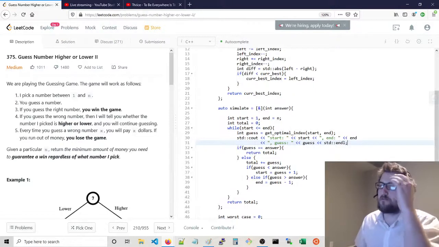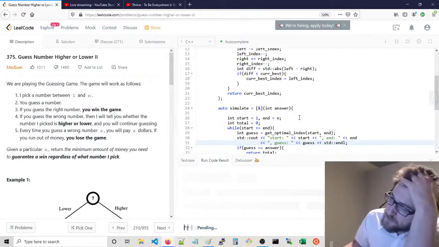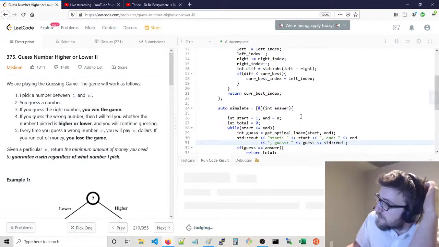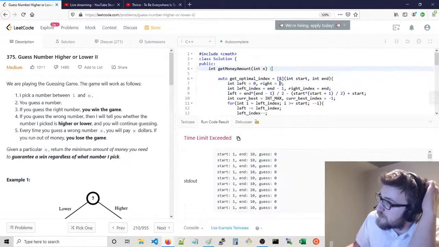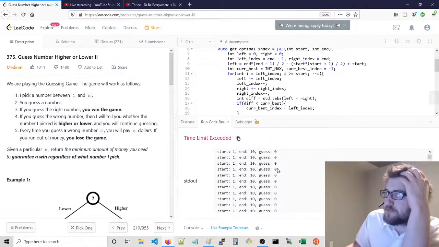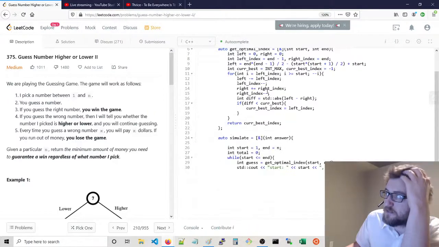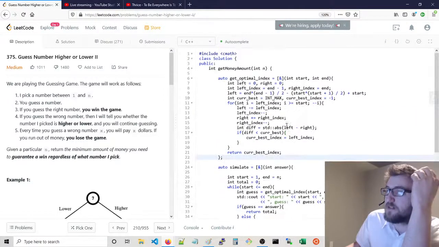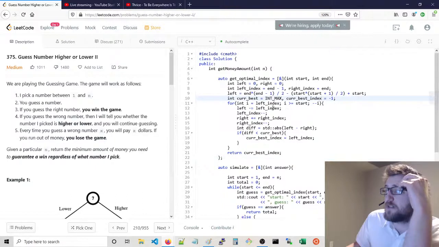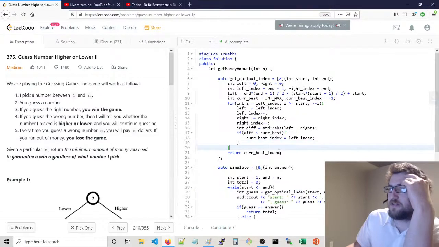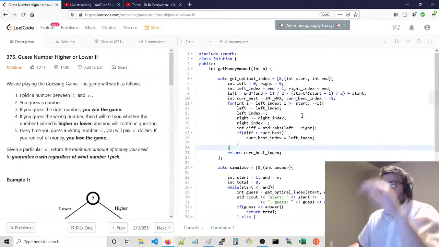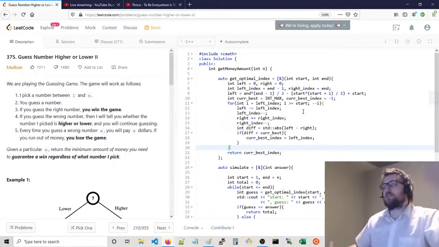Okay. What is going on here? I think this code's just broken. Guess is 0. What do you mean guess is 0? What is going on here?